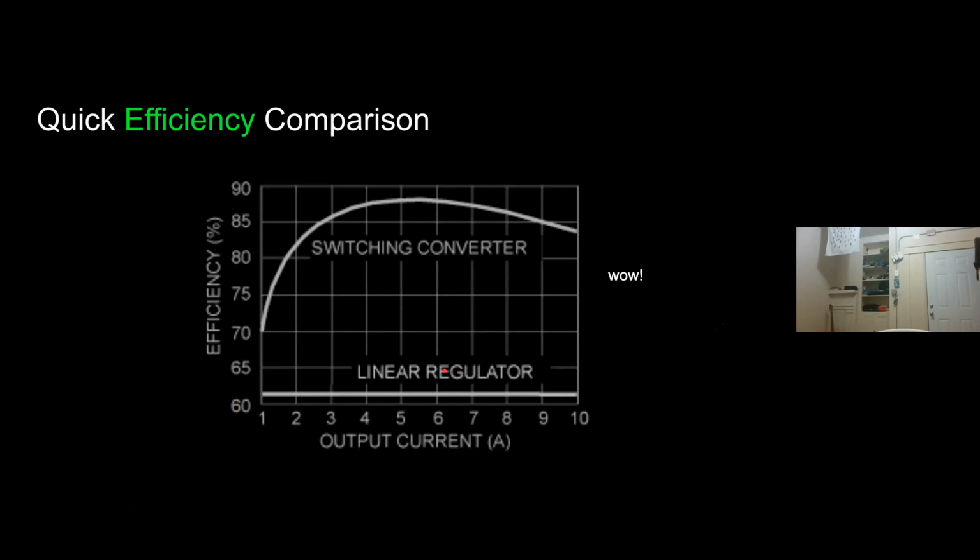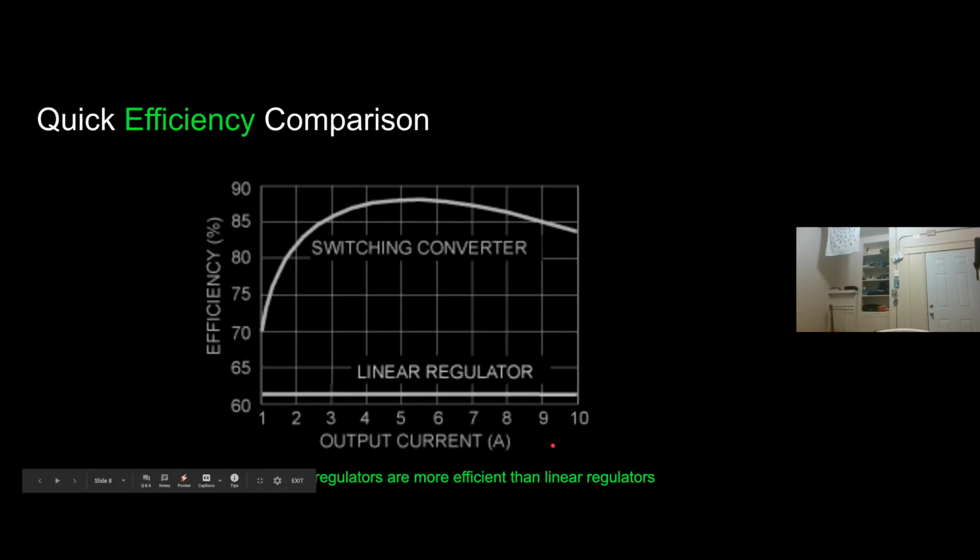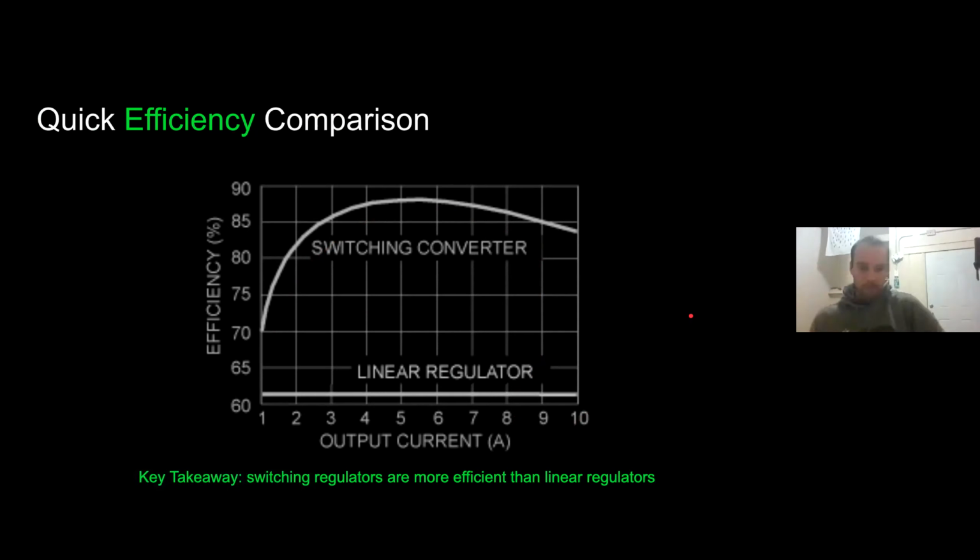With a switching converter, it's not quite linear. We have a more complicated kind of response for efficiency. And we'll see why that is in a little bit of time. But key idea here is that switching regulators are significantly more efficient than linear regulators. I'll leave that up there so everyone can just take a quick look at it, jot it down if they need to.